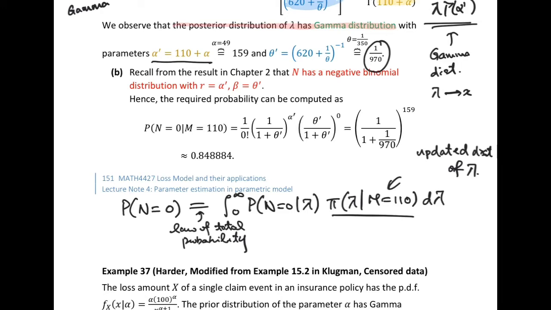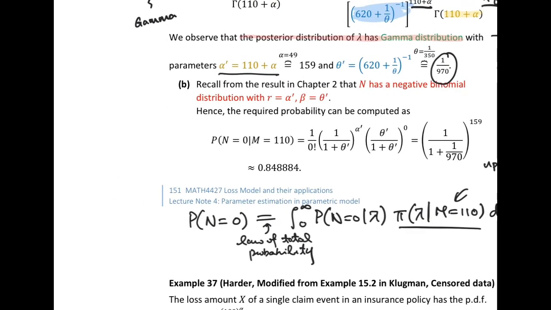Remember, the N follows the Poisson distribution with parameter lambda. And in our case, the posterior distribution of lambda follows the gamma distribution.